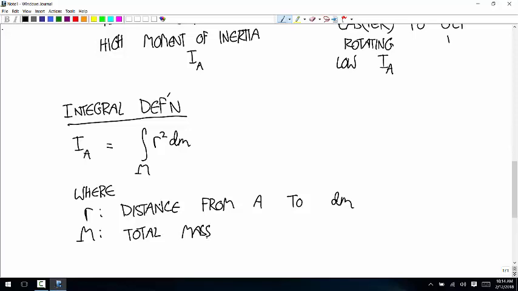And just like with the centroids, we're not going to use this integral formula. We're going to use formulas that people have derived using the integral formula for different shapes.